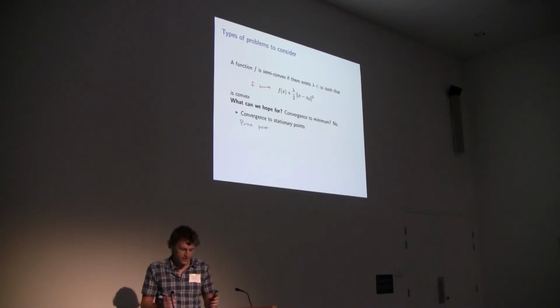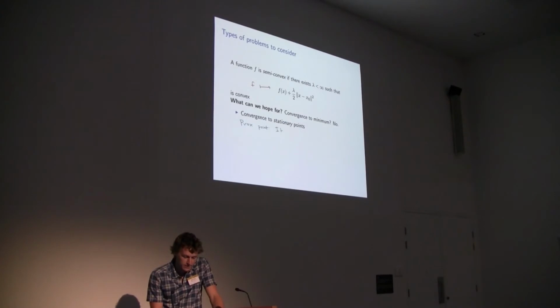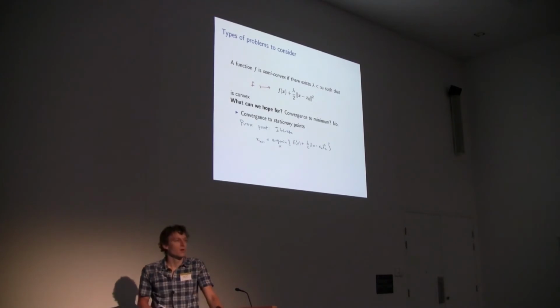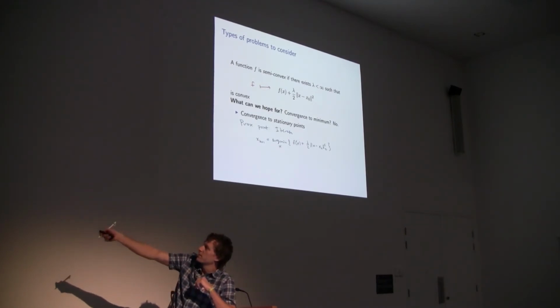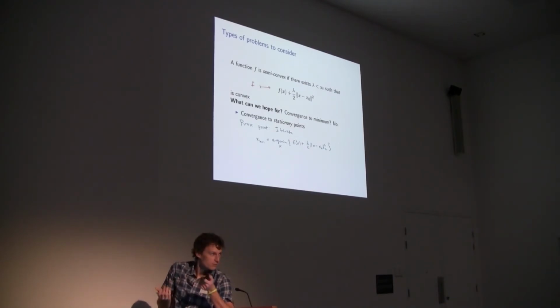So what I can do is iterate: x_{k+1} is equal to argmin of f of x plus lambda over 2 times the norm of x minus x_k squared. So basically I can solve a sequence of convex optimization problems. So this is convex, and at least nominally I can solve it by a subgradient method.